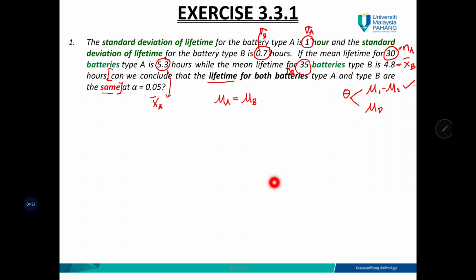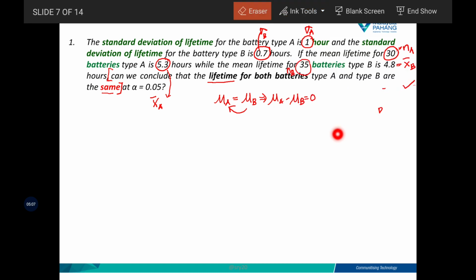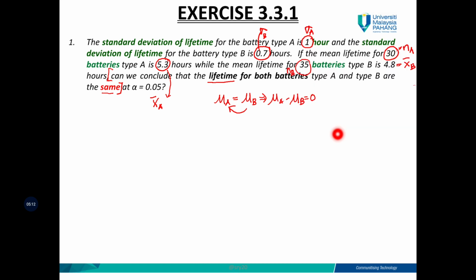Since we use A and B, we transfer mu B to the left side, so this will be mu A minus mu B equals 0. This is the claim that we need to check.